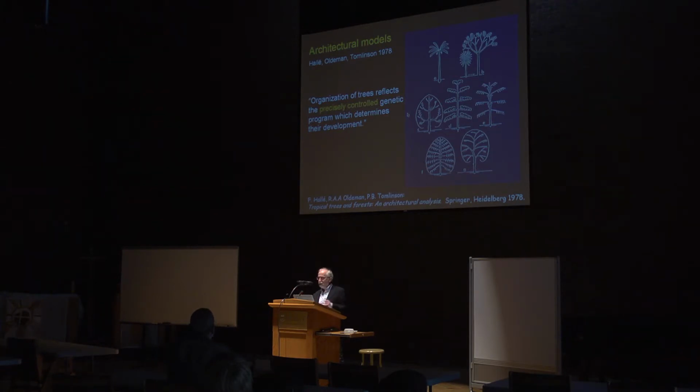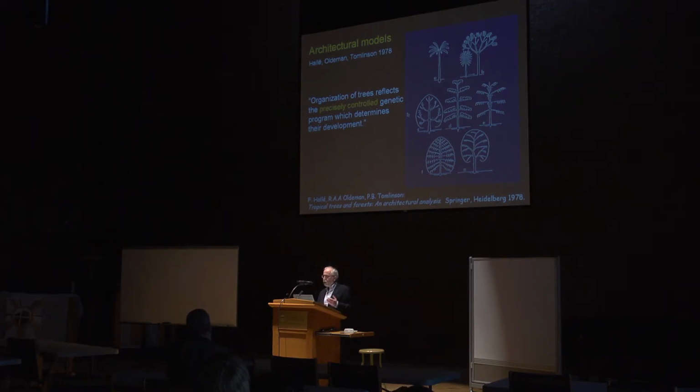Well, trees are more complex, so there were 23 variants. And the underlying idea is well represented by the quote which I put here: organization of trees reflects the precisely controlled genetic program which determines their development.